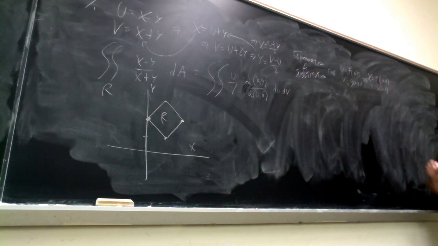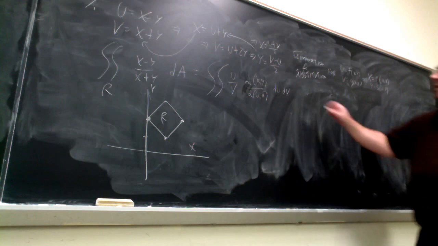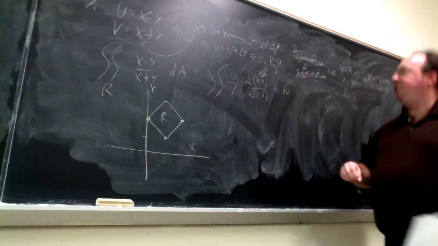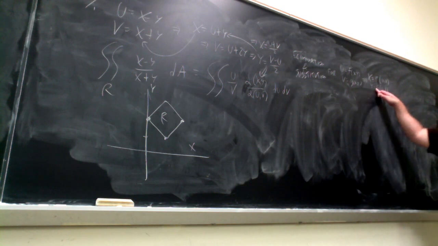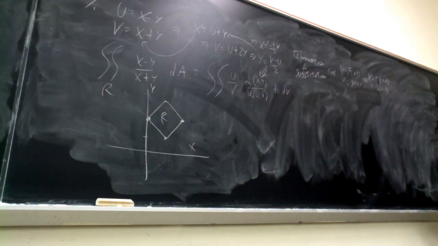Old variables in terms of new versus the other way around. Once you have that, that feeds directly into your Jacobian. So if you're not given these relationships at the start, you need to get them.